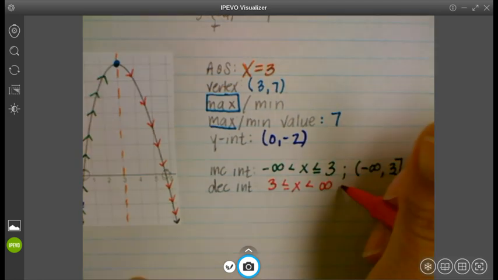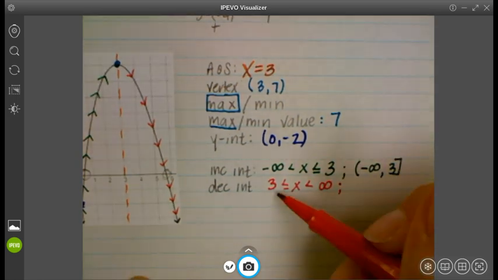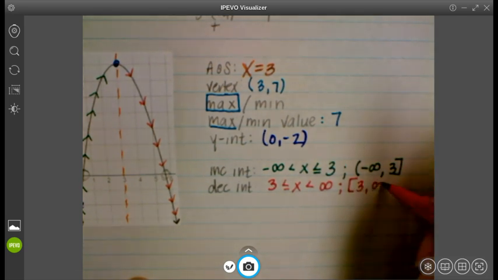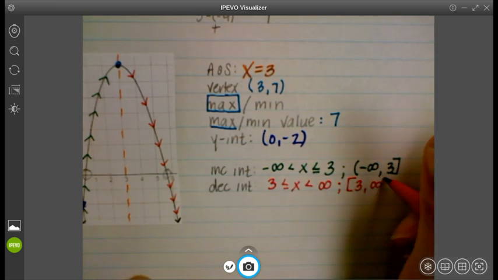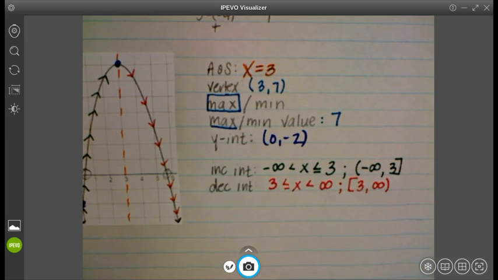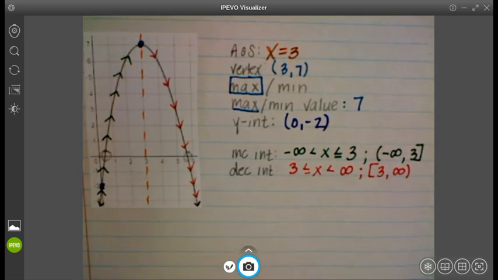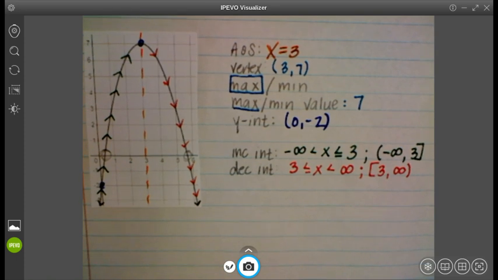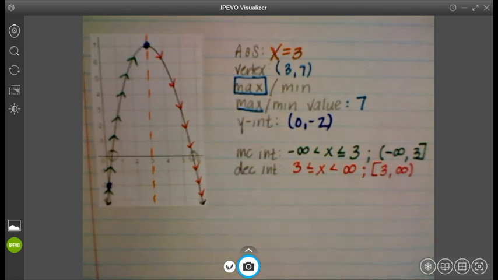And then the decreasing interval, it is equal to at 3, all the way to positive infinity, but not equal to infinity, so we use parentheses. So I may ask you to write one way or the other, but we're going to practice writing both if it's not specifying how to write it.